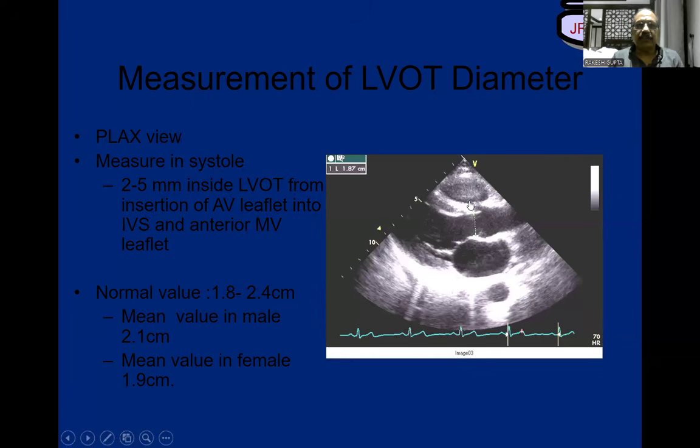And remember, whenever we measure LV or RV, LA or RA, they should be maximum in size before their contractions. To remember, LV and RV would be maximum in size at end diastole. LA and RA would be maximum in size at end systole.